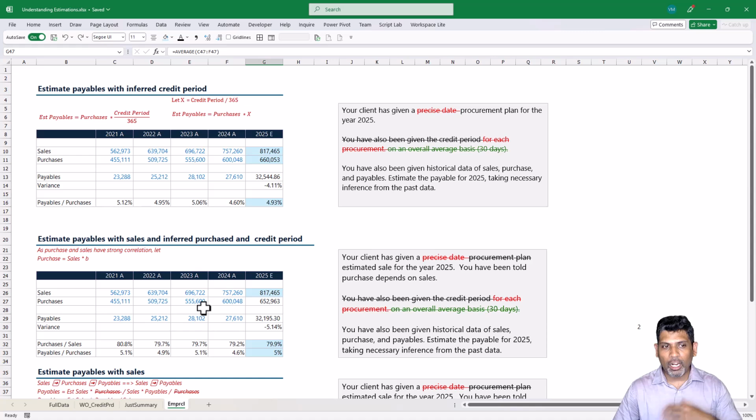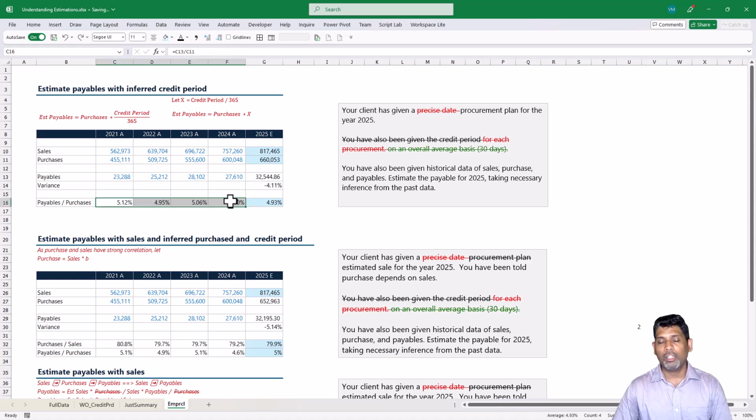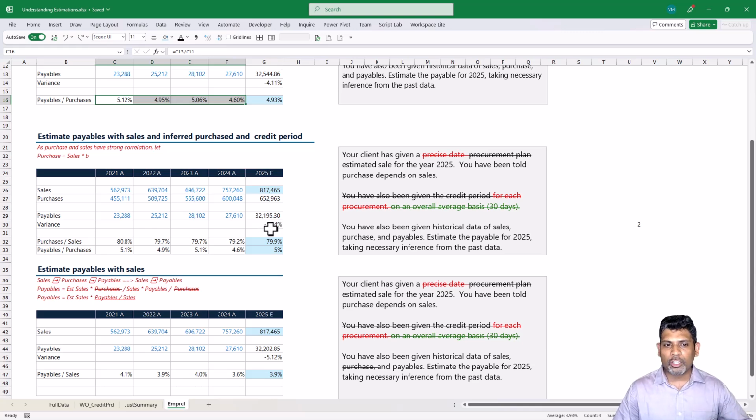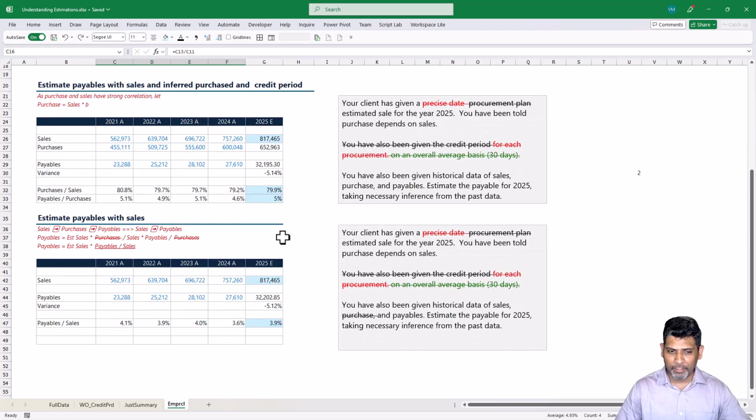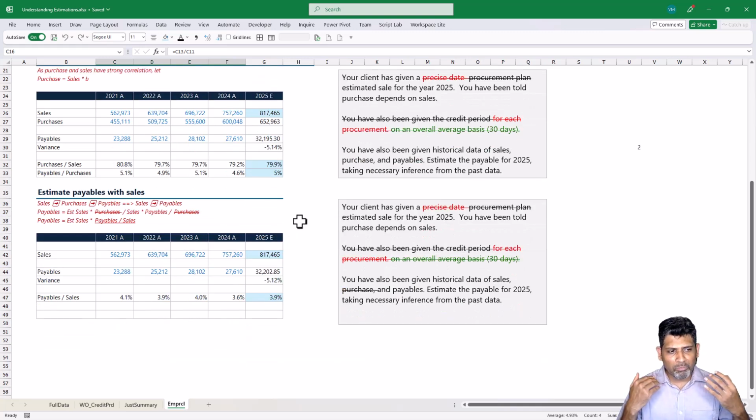Then we brought in approximation by bringing in a combined metric, a statistical ratio here between payables to purchases, which factored in the seasonality as well as credit period. As we add more and more of these indirect metrics, our calculations are going to suffer, our ability to accurately forecast is going to suffer. But when we don't have so many variables given to us, we will have to adopt this approach.